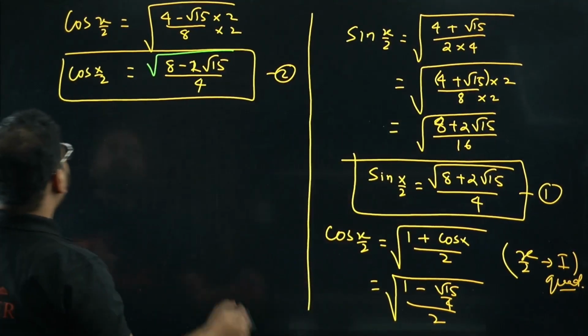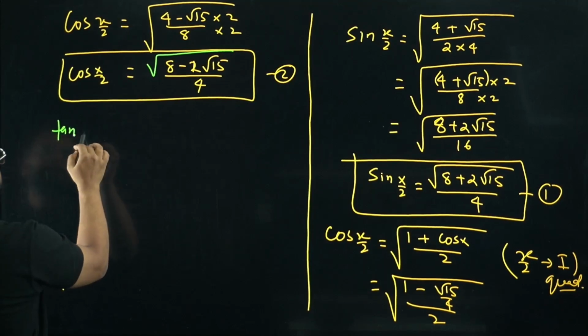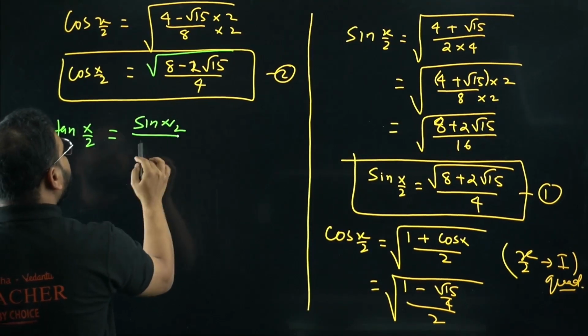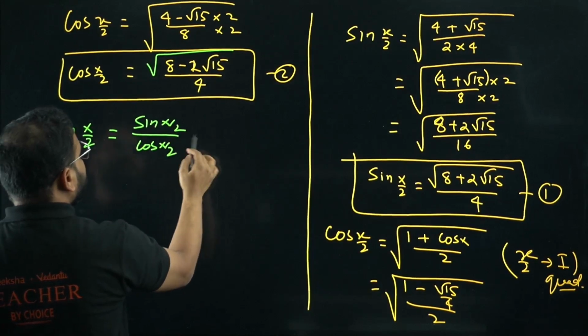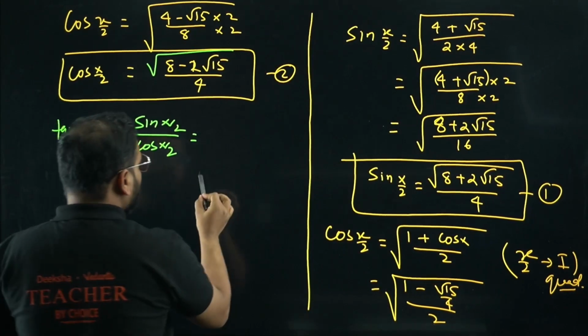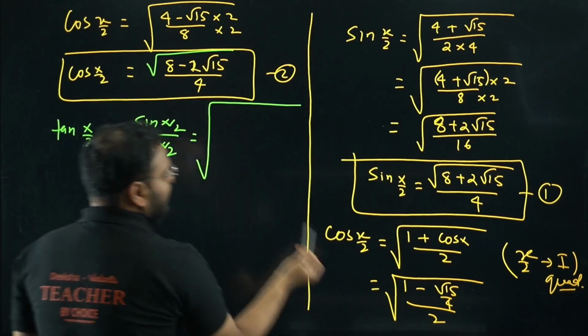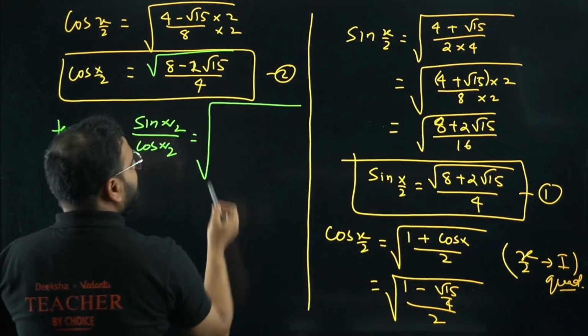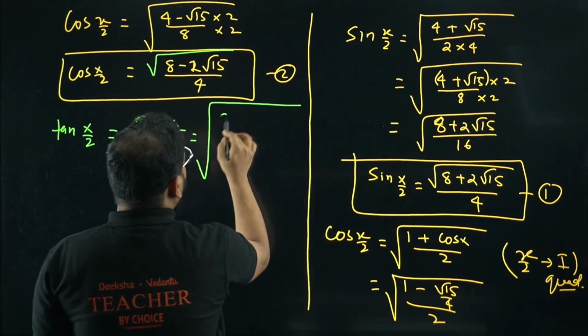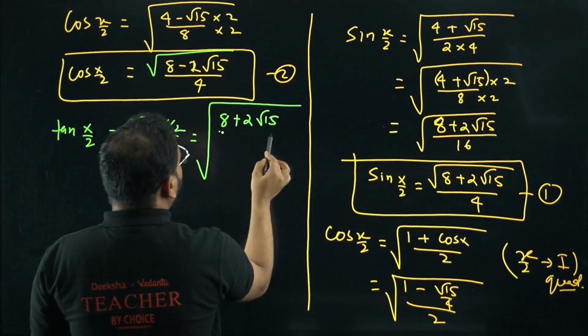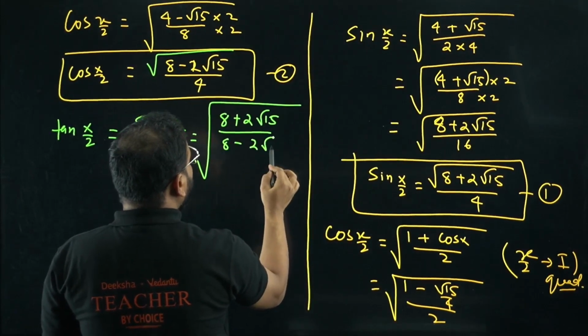Okay, now the third part is tan. What are you going to do for this? Ratio of that, no? Sin x by 2 upon cos x by 2. What will this become? Check this out, we'll have a big root. So first of all, this 4 and this 4 will be cancelled, right? So I'll have sine first, so 8 plus 2 root 15 divided by 8 minus 2 root 15.